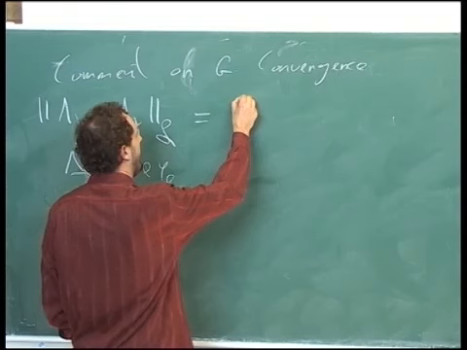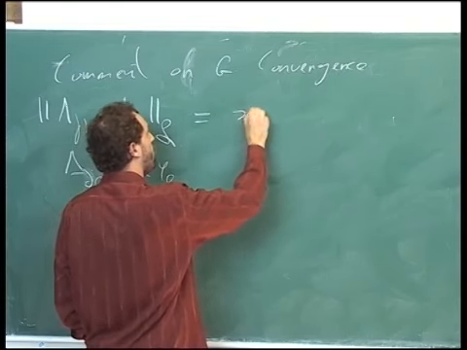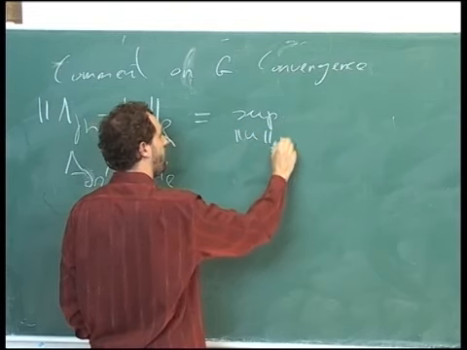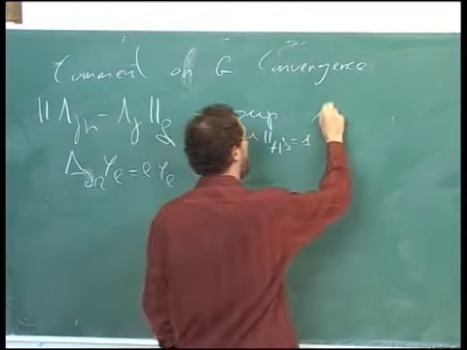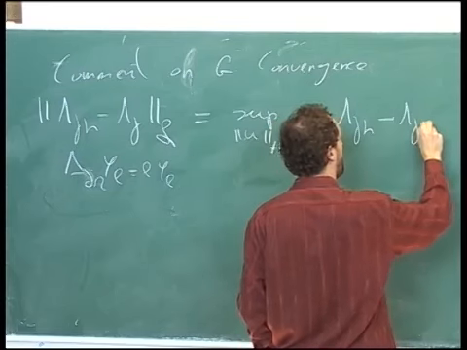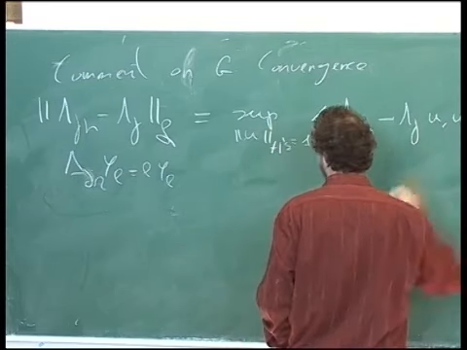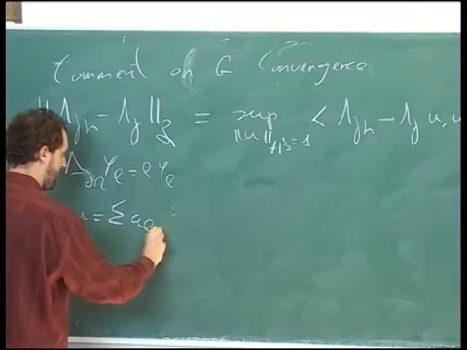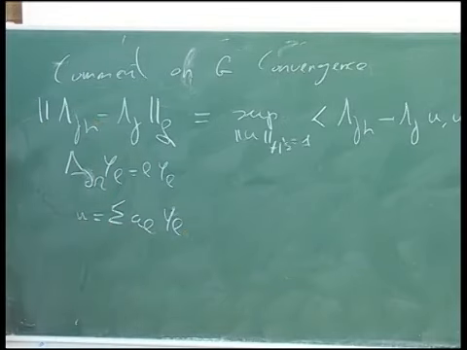Okay, and now this will be the supremum over u with H^{1/2} norm equal to 1 of the pairing of lambda gamma h minus lambda gamma u times u. And I write these u's in this basis, okay?